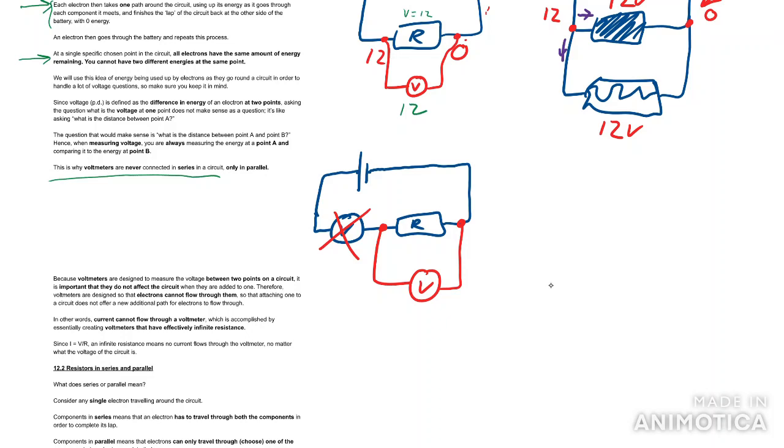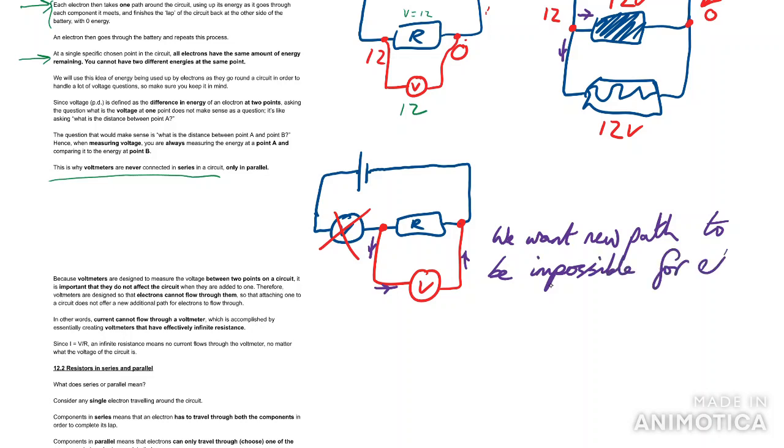And so what is adding a voltmeter in parallel? Well, this is usually, with most components, a new path for electrons to flow down. And we don't want that because that will change the circuit. So we want a new path to be impossible for electrons to flow down.